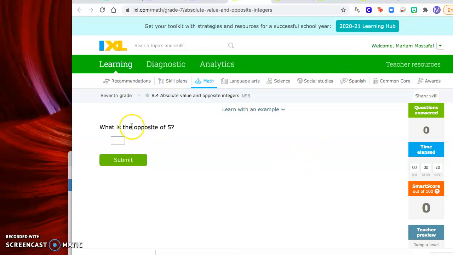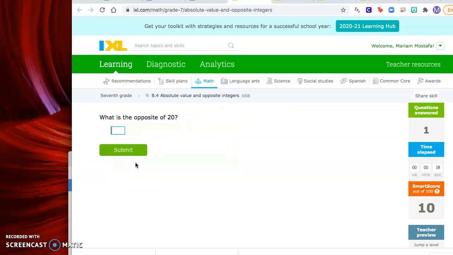Okay, so basically a number and its opposite is the number with the opposite sign. For example, since this is a positive 5, the opposite of 5 would be negative 5. It's that simple. The opposite of 20, because it's a positive 20, would be negative 20.